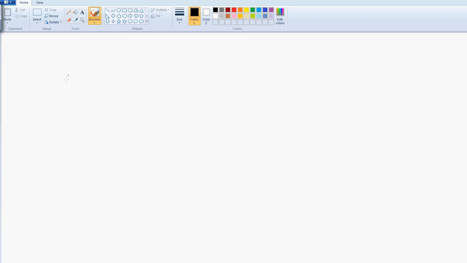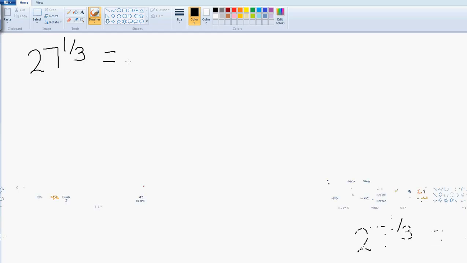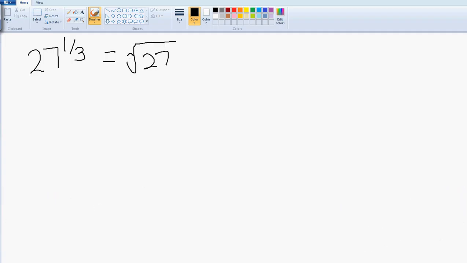So, question is, first of all, I just want to make sure you understand what raising something to a fraction power means. By definition, if you are raising, say, 27 to the 1/3 power, that means you are taking that number, 27, and taking what's called its cube root.